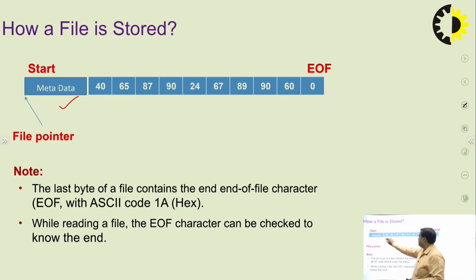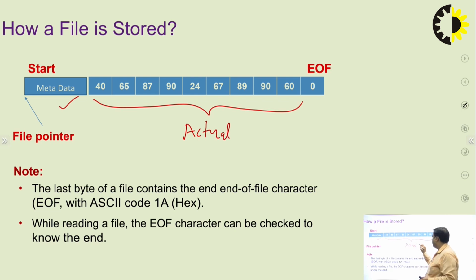The next portion contains the actual data, and the last byte, which is stored at the end of the file, is the EOF character. EOF is a predefined constant in the C programming language.